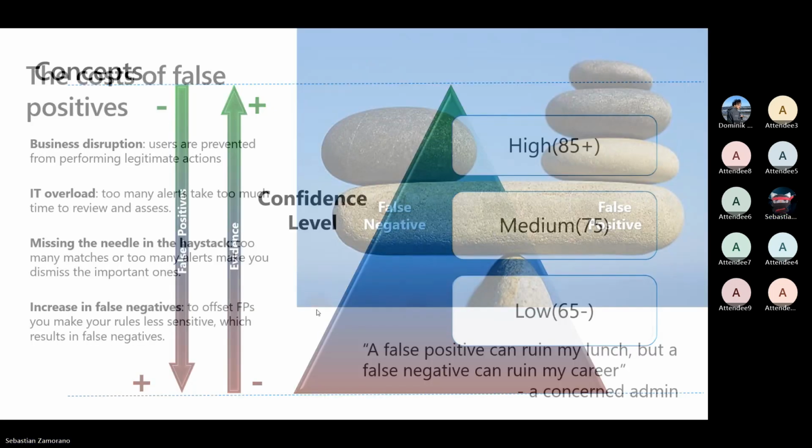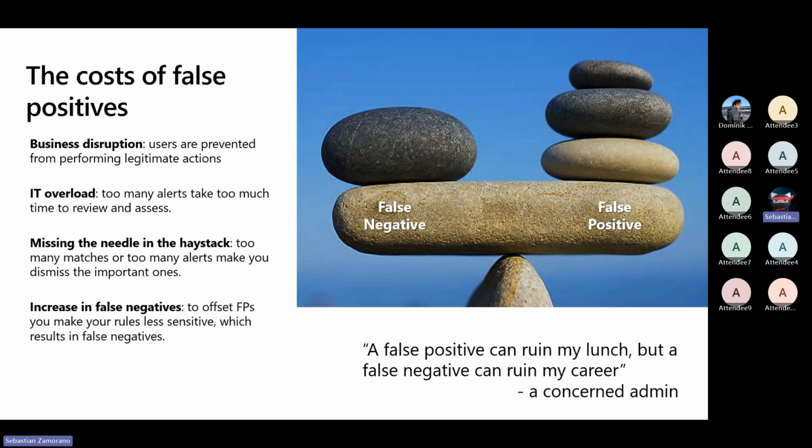Finding that balance is complex. Something that I learned working on DLP, building sensitive information types, and helping customers to create custom sensitive information types, exact data match, and several other things, is to try to find that balance between false positives and false negatives.